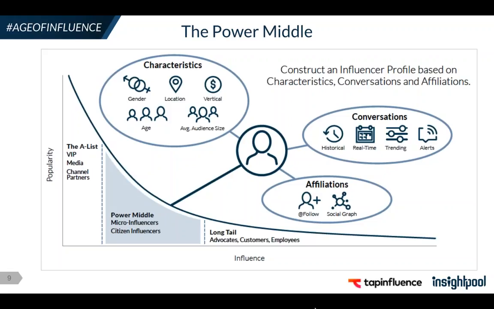I broke it down here a little bit around this power middle and understanding characteristics about these influencers, their audience size, a little bit more about them from a location standpoint, gender, age, but then also understanding what conversations they're influential in, what kind of hashtags they're sharing, what content they care about, who they're following, what's been trending, what's happening in real time, and then also affiliations, what social channels we're seeing certain areas of influence happening on, more on Twitter versus Instagram, or is it that omni-channel influence?